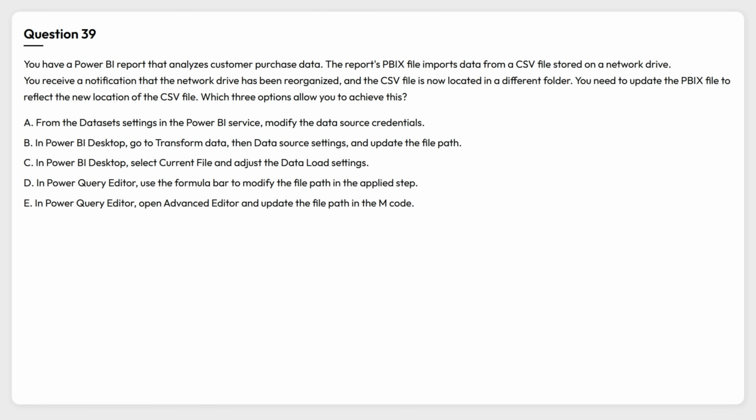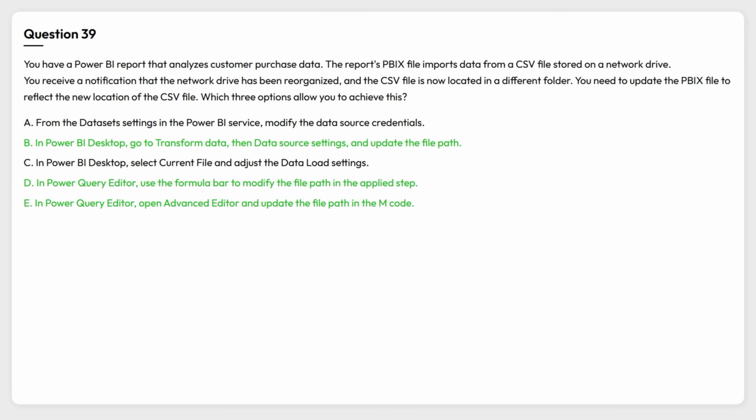Option C, in Power BI Desktop, select Current File and adjust the data load settings. Option D, in Power Query Editor, use the formula bar to modify the file path in the applied steps. Option E, in Power Query Editor, open Advanced Editor and update the file path in the M code.